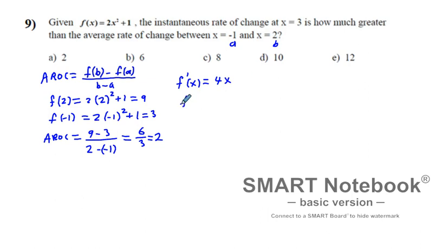And f prime of 3 is equal to 4 times 3 is equal to 12. So that's an instantaneous rate of change. Find the difference. We use 12 minus the average rate of change, which is 2, which is 10. So our correct answer, problem 9, is B.